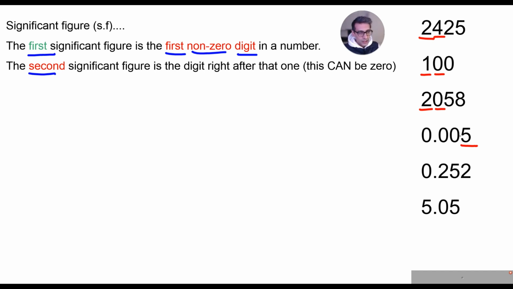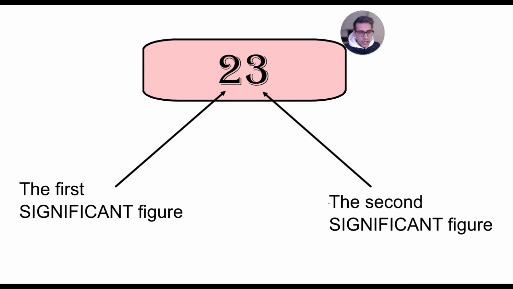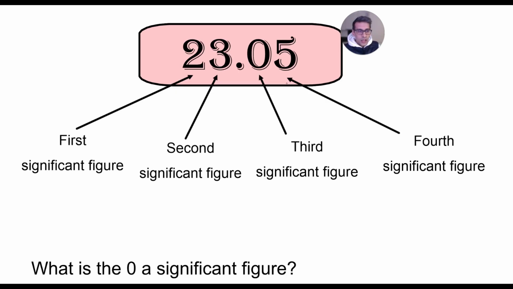And the second significant figure doesn't exist in this number. For the next example, the first significant figure is 2, second significant figure is 5, and then for the last example, first significant figure is 5, and the second significant figure is 0. There are third significant figures and fourth, etc., but we'll get to those later on in the playlist. Okay, so this is just an example here of first and second significant figures.